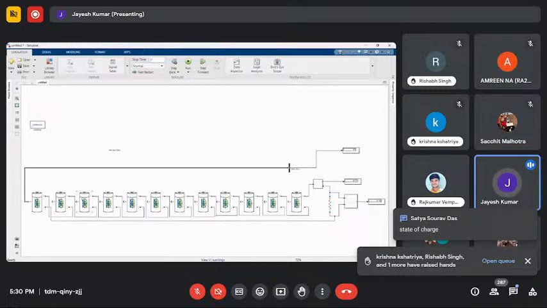Now suppose that this battery pack is of 1C. 1C means it takes 1 hour to properly discharge the battery. So I start with 30 minutes. 30 minutes into seconds, so we have to do 30 into 60.